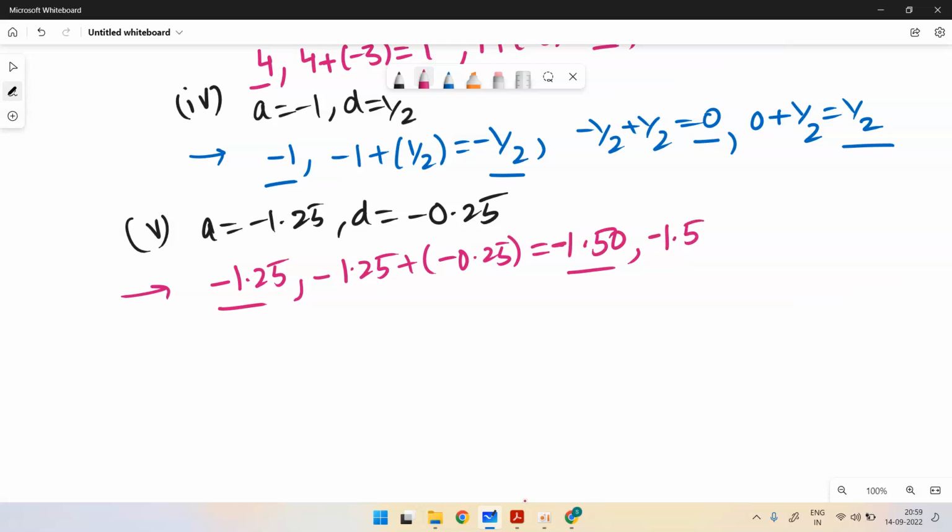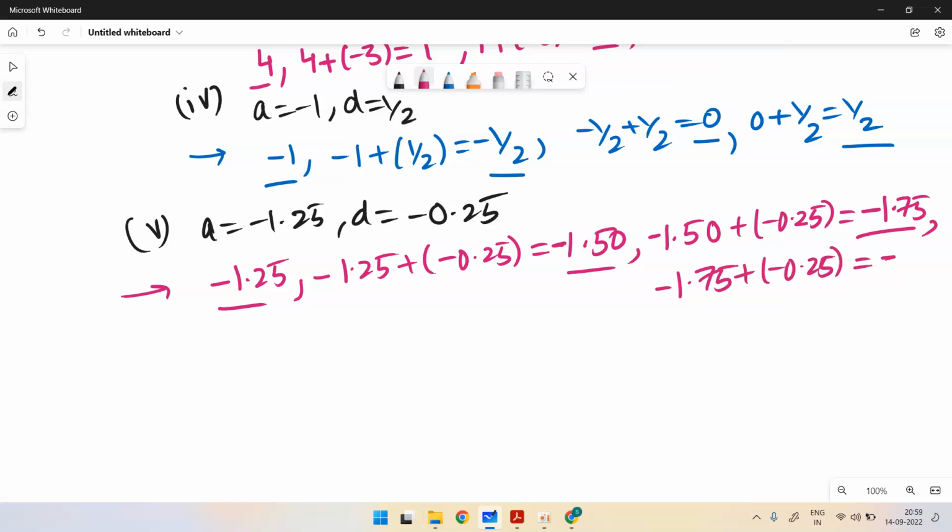Next is minus 1.50 plus minus 0.25, which is minus 1.75. Next is minus 1.75 plus minus 0.25, which is minus 2.00. So the terms are minus 1.25, minus 1.5, minus 1.75 and minus 2.